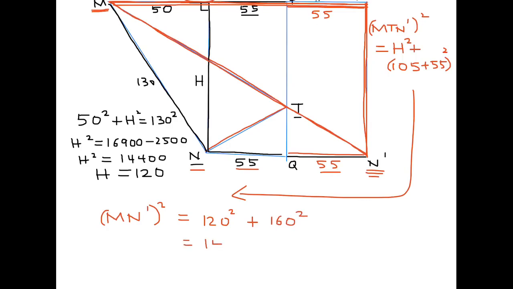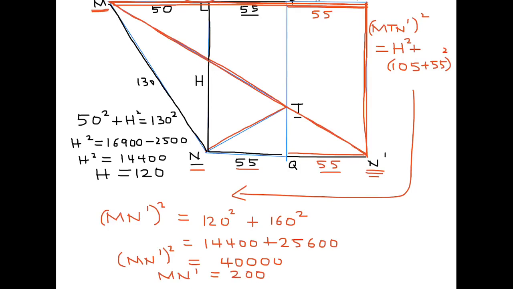So this is 14400 plus 25600. And when you add them, it becomes 40,000. And therefore, MN reflection squared is 40,000, and therefore MN is equal to the square root of that, which is 200.